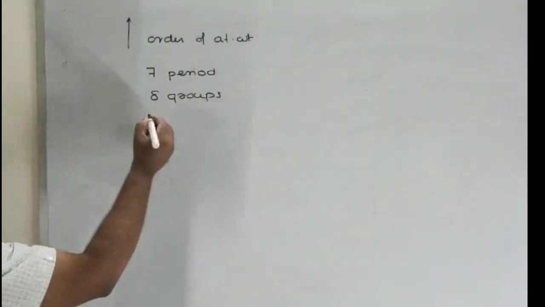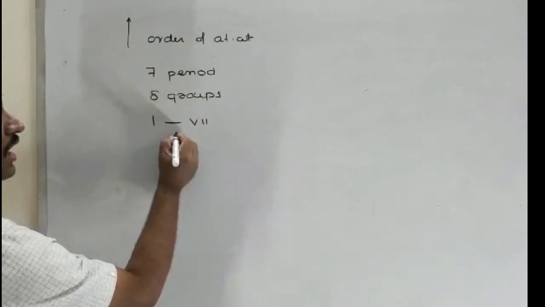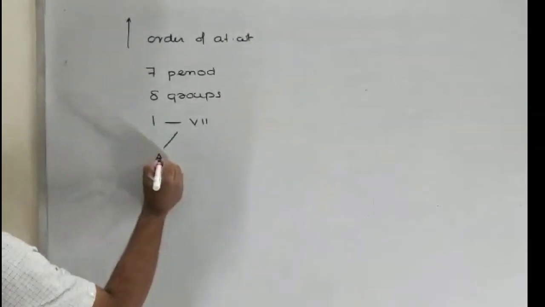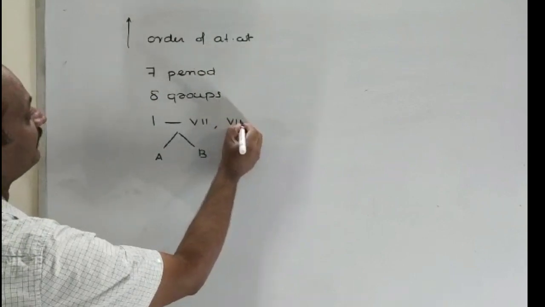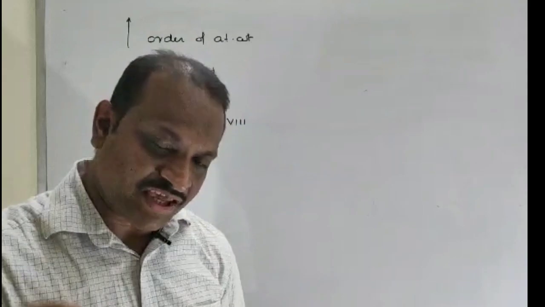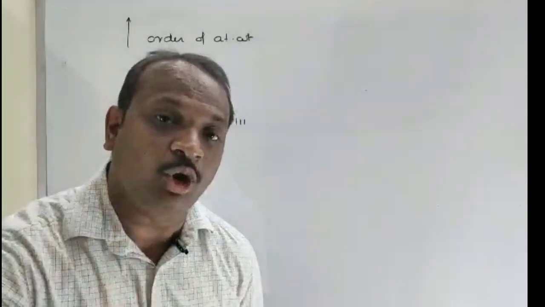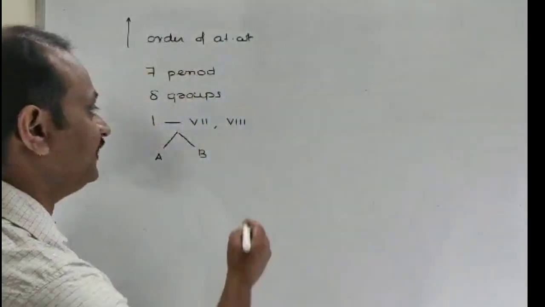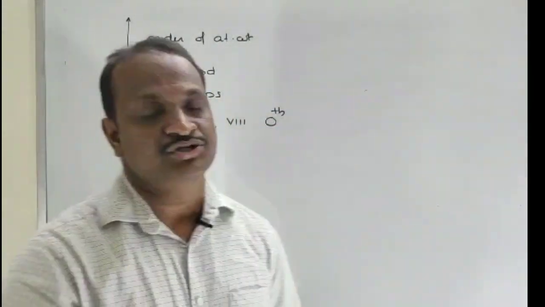These 8 groups are numbered, with groups 1 to 7 again categorized as A and B, and the 8th group as such. This is the structure of the initial Mendeleev's periodic table. But after the discovery of noble gases, one more group was added later as the 0th group.